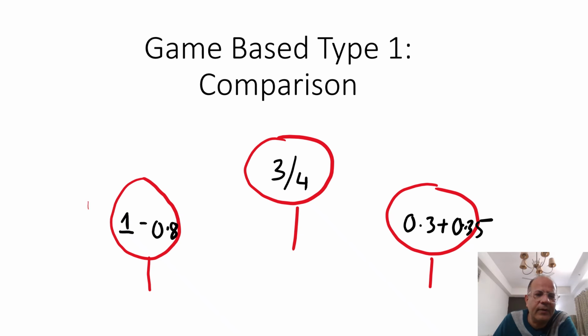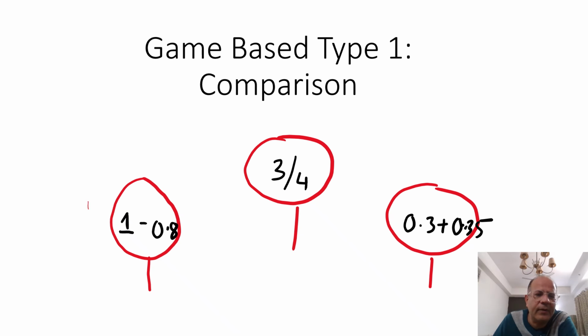And 0.3 plus 0.35 should be 0.65. So now if I want to arrange them in ascending order, it's very simple. C is the smallest, then B, which is more than C, and A is the largest among the 3.